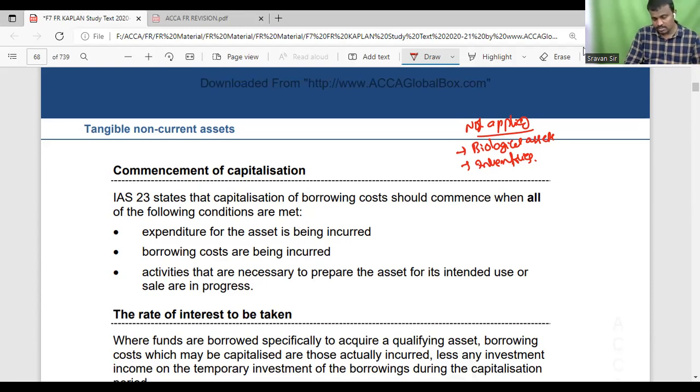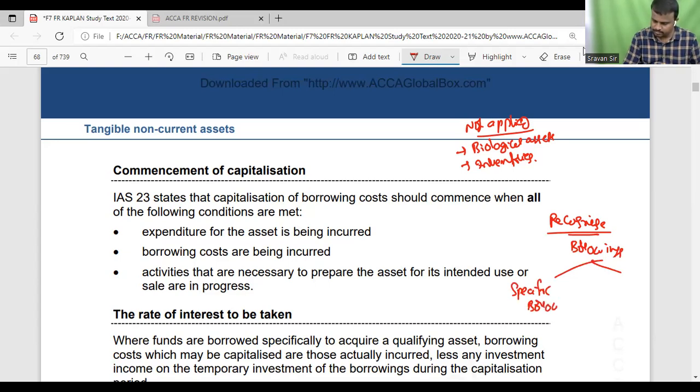Then the next question is, what is the accounting for the borrowing cost? Before that, we have to know how to recognize. Generally, for recognition purposes, borrowings are classified into two types: specific borrowing and general borrowing.